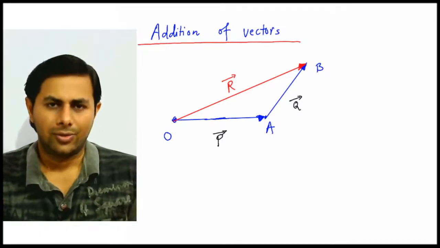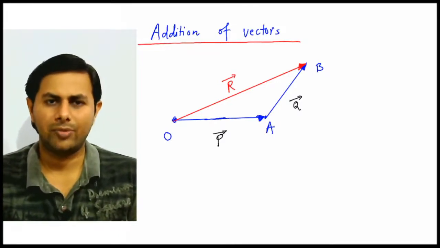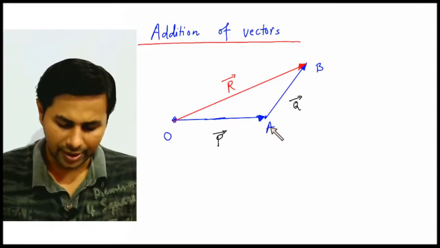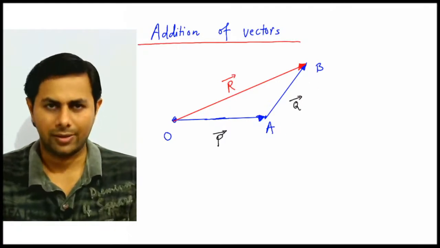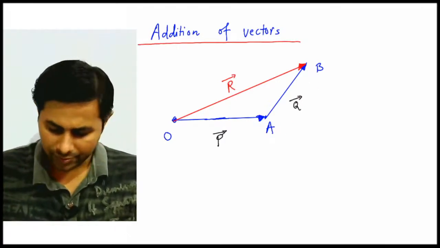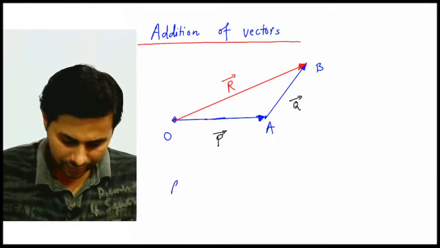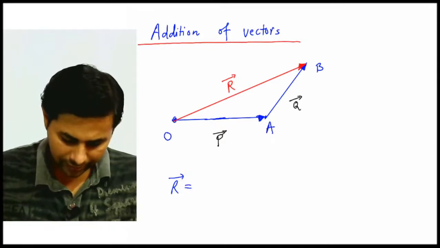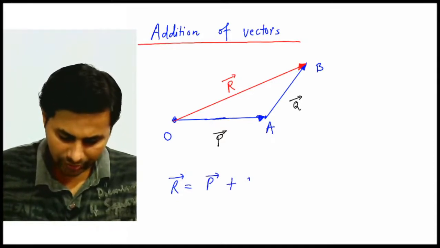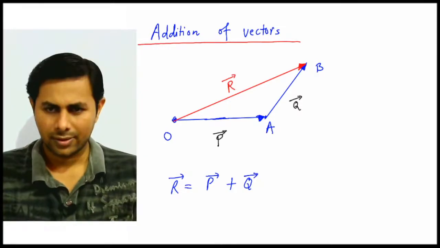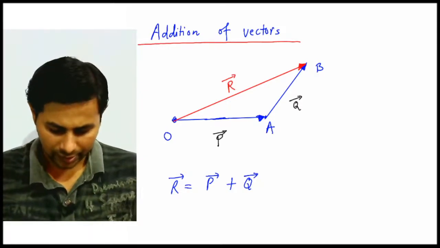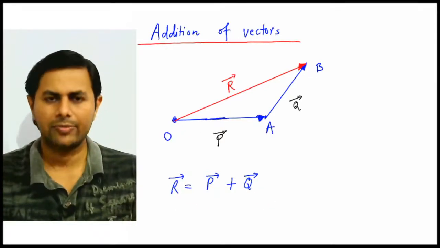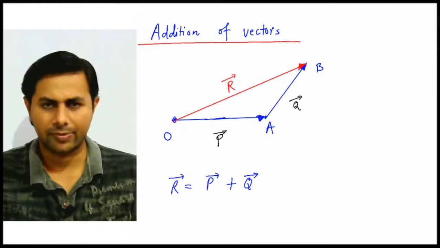Now total displacement should be equal to what? Sum of partial displacements. Therefore sum of these two vectors P bar and Q bar should be equal to R bar. All right, so I can say that R bar is equal to P bar plus Q bar. This total displacement is equal to sum of these partial displacements.